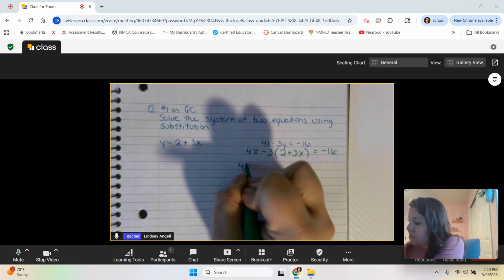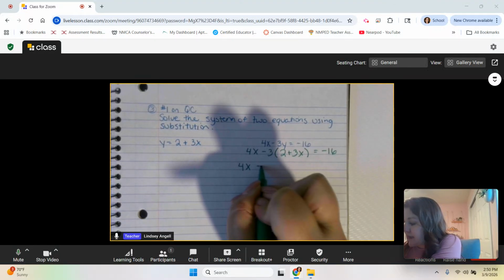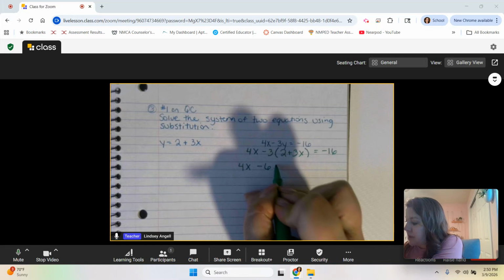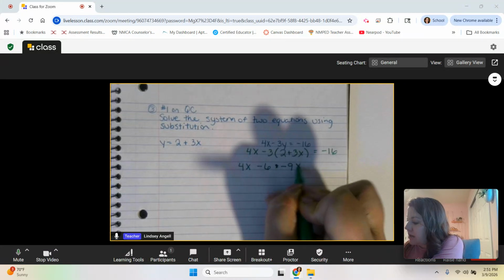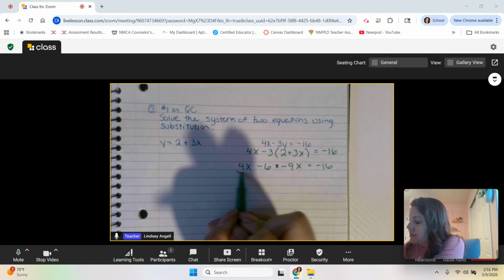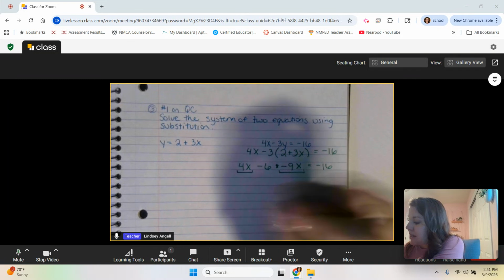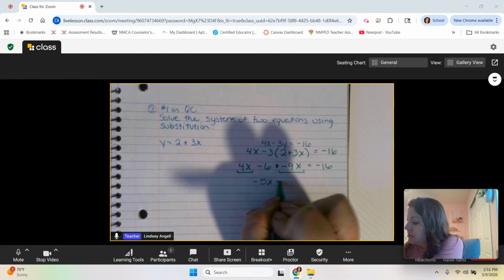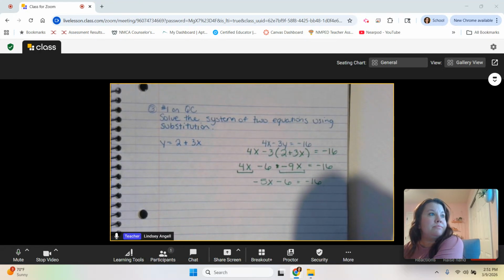So I have 4x, negative 3 times 2 is negative 6, and then negative 3 times positive 3x is negative 9x, and then equals negative 16. Well, I've got 4x minus 9x. That gives me negative 5x minus 6 equals negative 16.